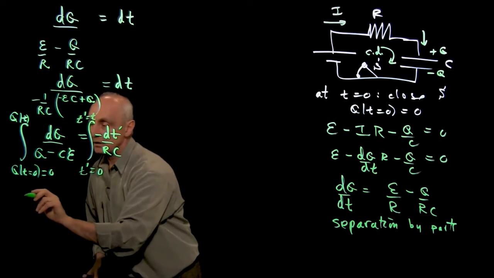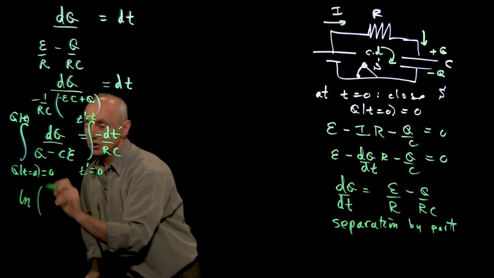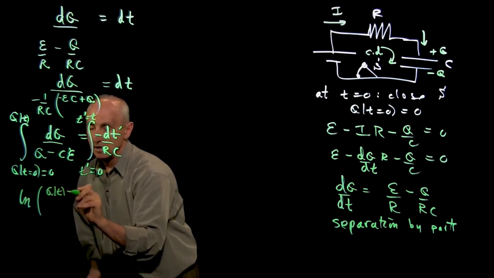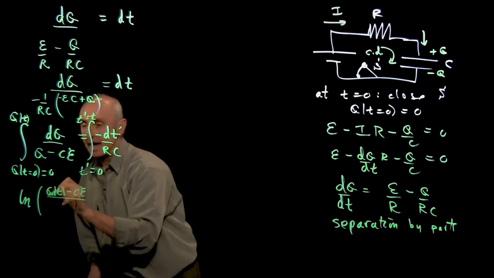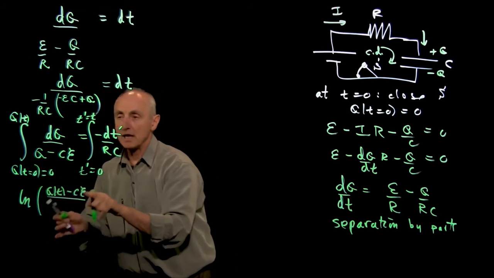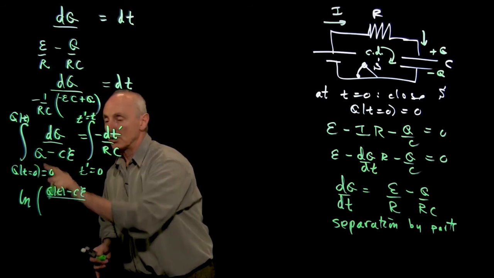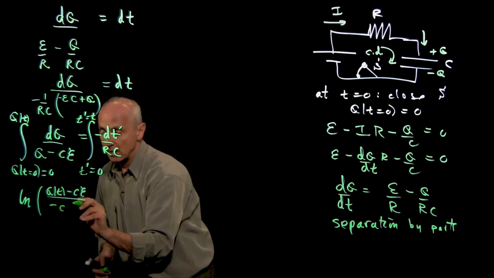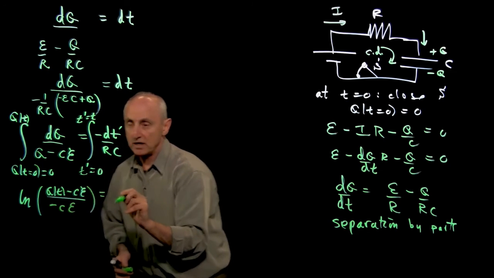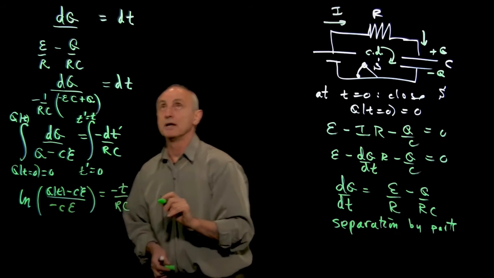And this is a natural log. So this side is natural log of Q of t minus CE. And when you look at the minus another log, log of a minus log of b is log of a over b. Here, Q is 0, so I just get minus CE. And over here, I just get minus t over RC.